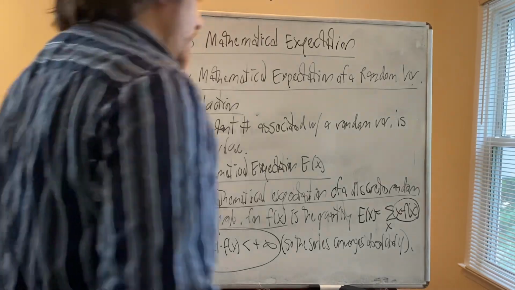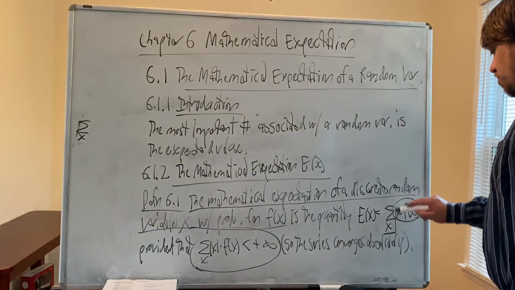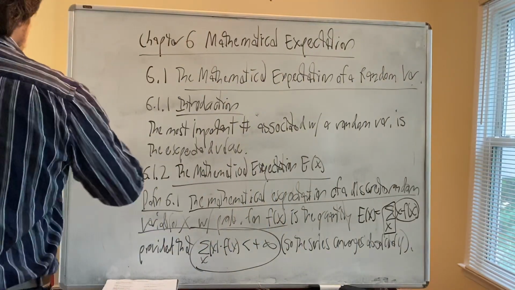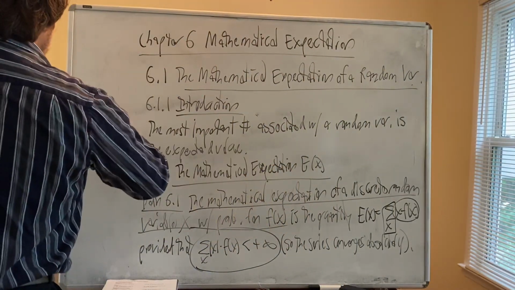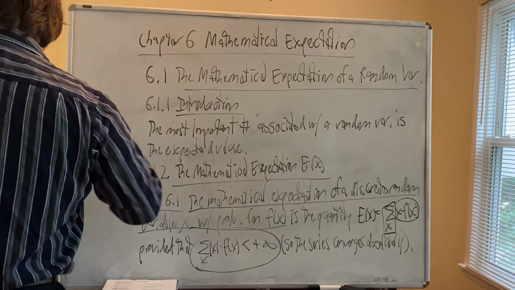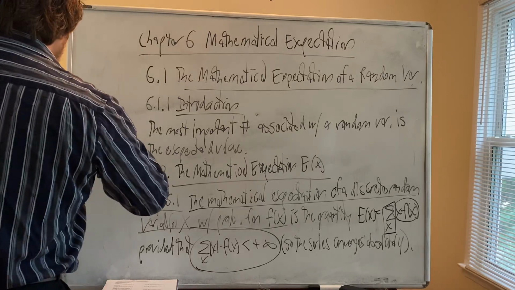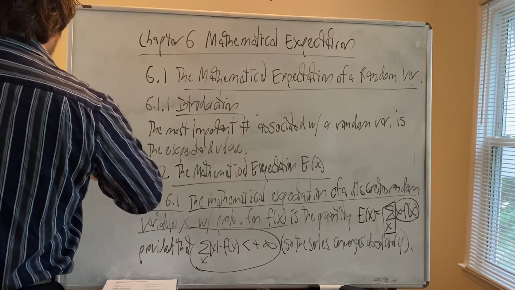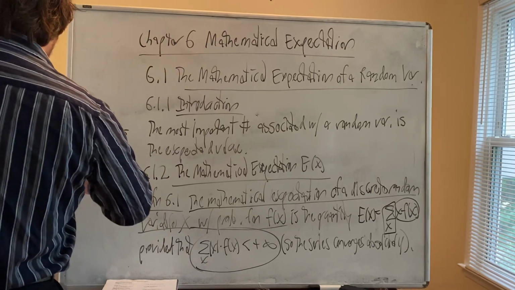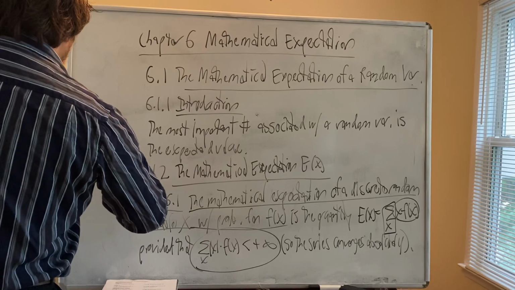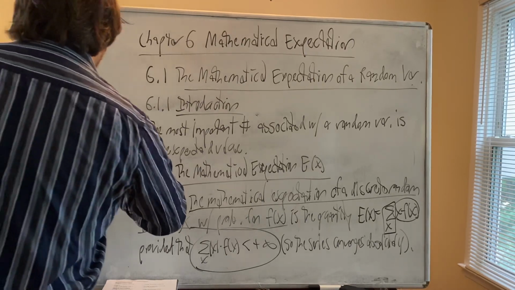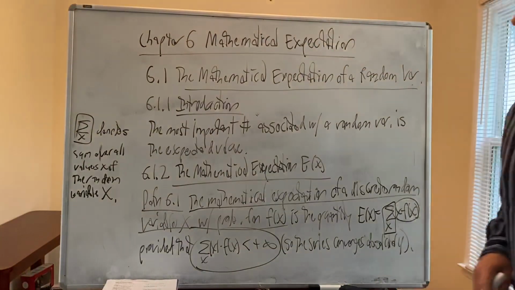This part here, the sum over x, denotes the sum over all values little x of the random variable capital X of x.